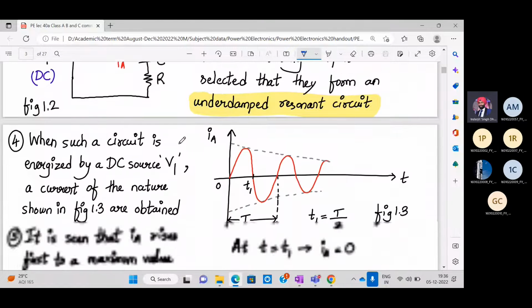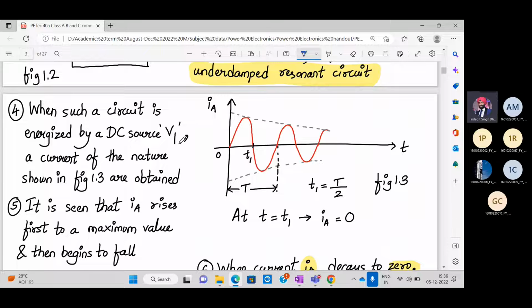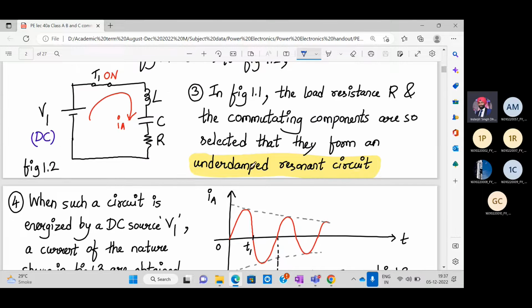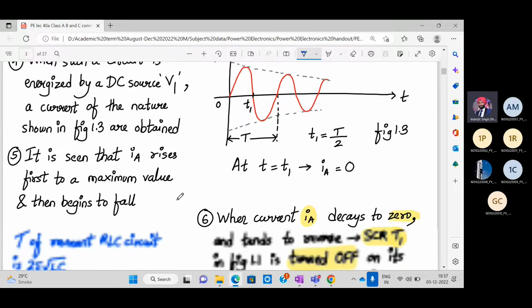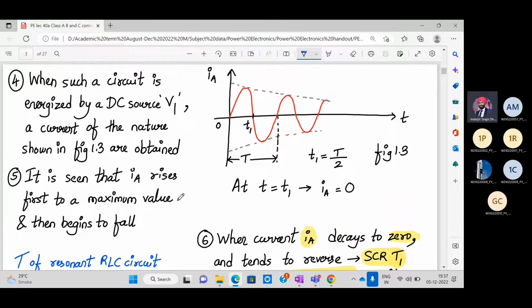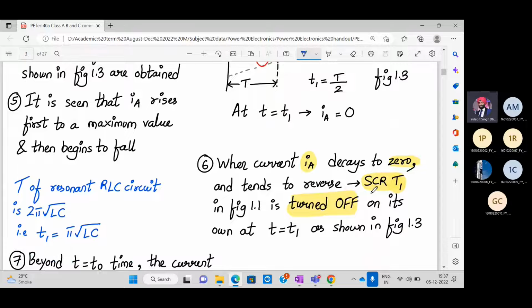Yes, because one way to turn off the SCR is to make the anode current go below the holding current. Now holding current is around, let's say, 10 to 15 milliamperes. So here it is going to 0. So definitely we are forcing the SCR to turn off, right? Because this RLC circuit is forming an underdamped resonance circuit, and the oscillations are like this. As soon as the current reaches 0, the SCR will turn off immediately.